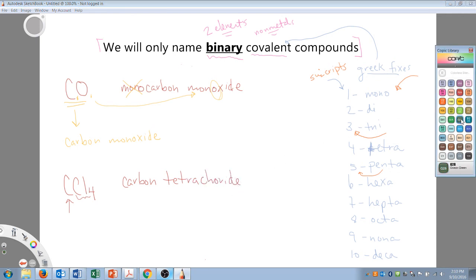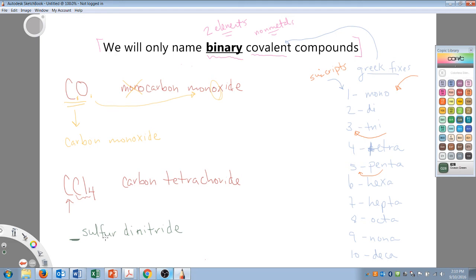Likewise, if we were going back the other way and we saw something written like sulfur dinitride, because we've been using oxygen a lot just for fun. We'll say dinitride, right? There is no prefix here, so I don't know how many sulfur there are.